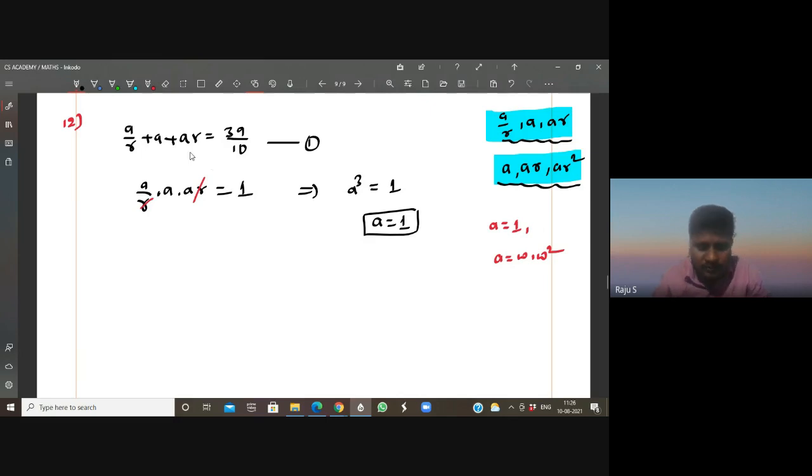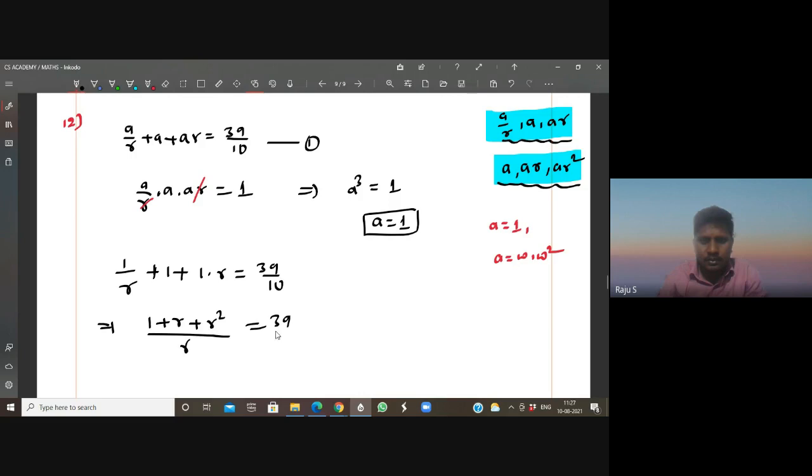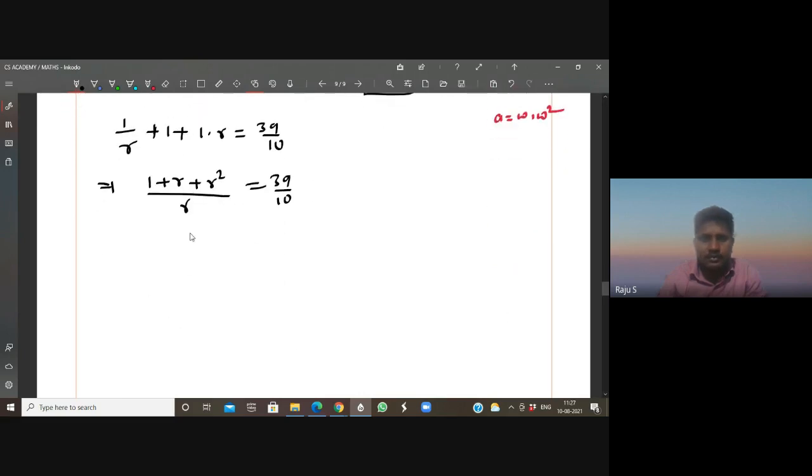I want to substitute this A is equal to 1 in equation 1. When I substitute, 1 by R plus 1 plus 1 into R is equal to 39/10. Now take the LCM. On the left side: 1 plus R plus R square over R is equal to 39/10. Any doubts?